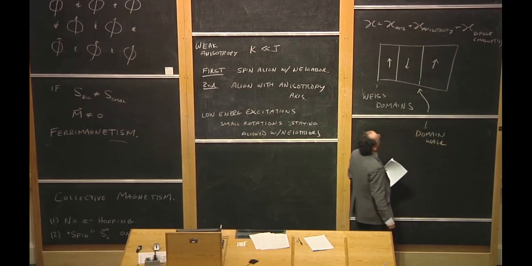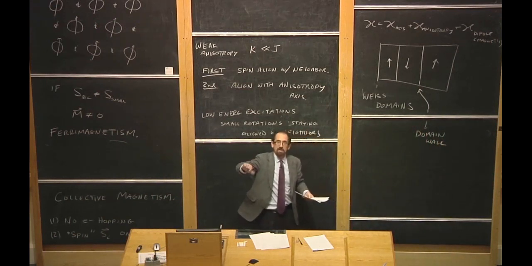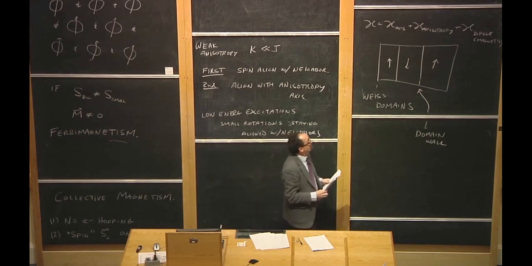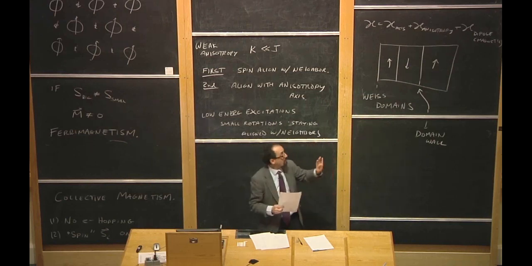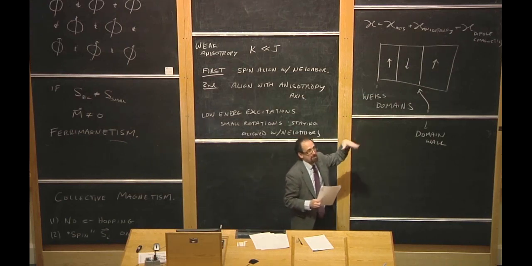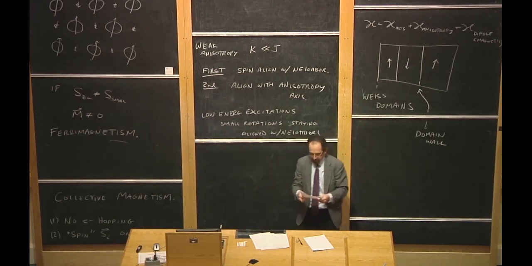There's some Heisenberg energy to have up spins next to down spins on the domain wall, but you sacrifice that Heisenberg energy in the domain wall in order to save magnetic or dipolar energy for the whole system as a whole.